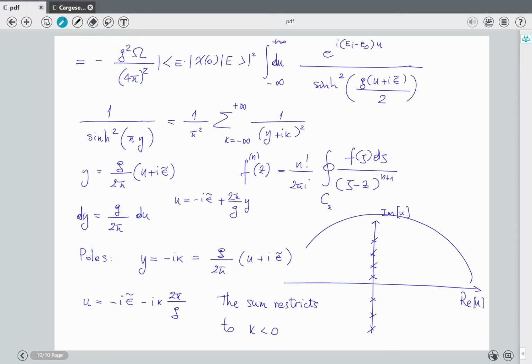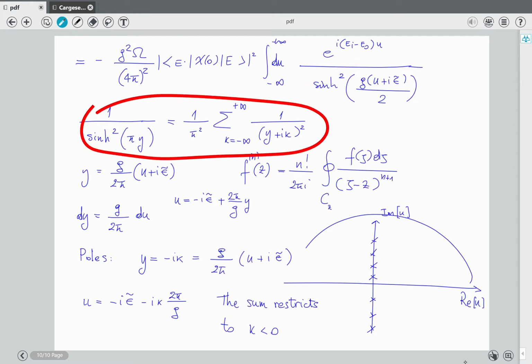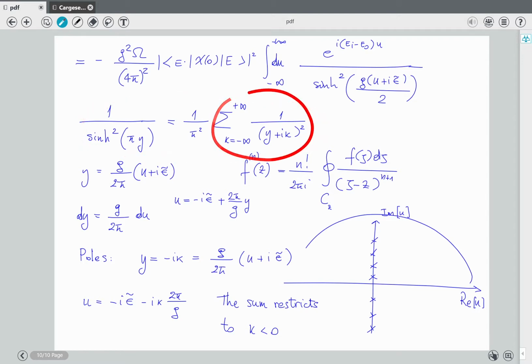So let us now apply the change of variables that we wrote the other time, which is useful to turn this denominator of the integrand, thanks to this formula, into an infinite sum, where it is clear which poles will contribute by applying the residue theorem and which will not.